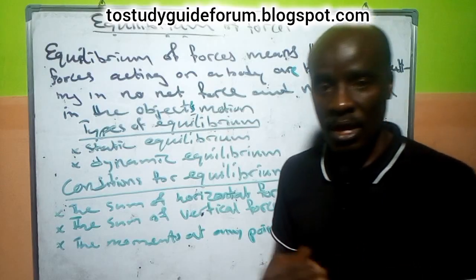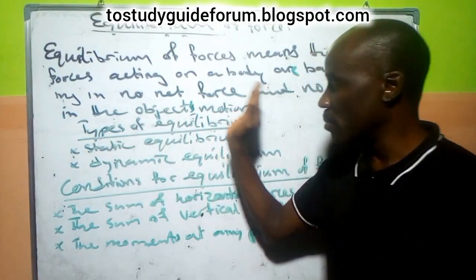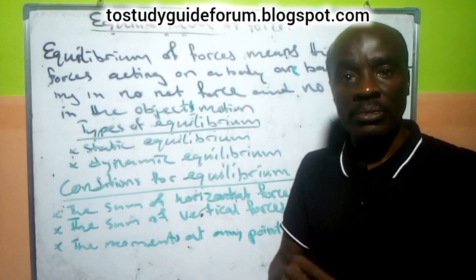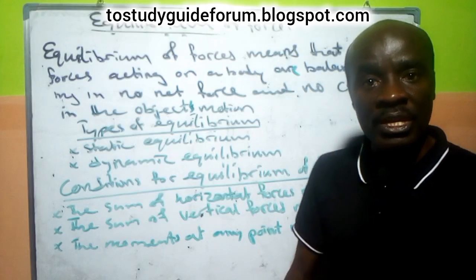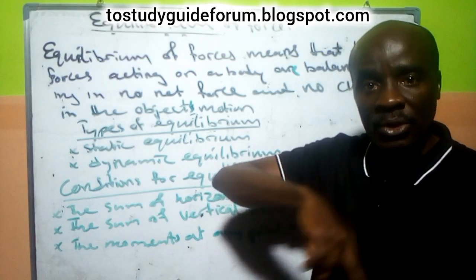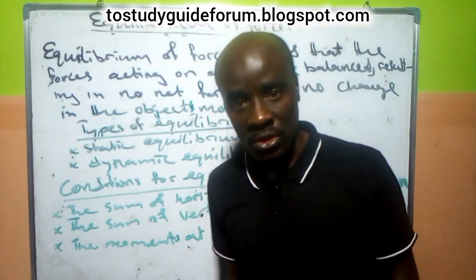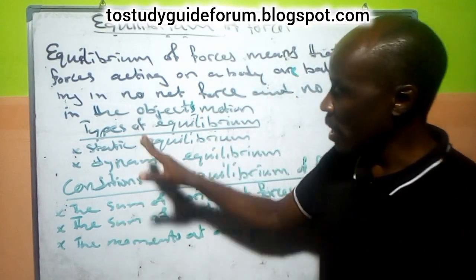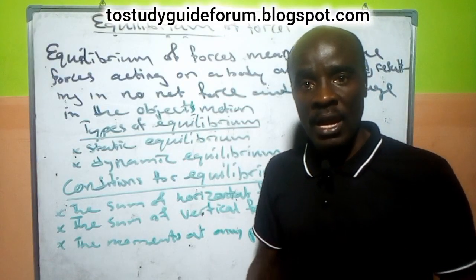We have two types of equilibrium: static and dynamic. In static equilibrium, the body is not moving at all, but in dynamic, the body is moving, something like rotating at a constant angular velocity. In that case, we say it is at dynamic equilibrium. But when it's at static equilibrium, the body is not moving at all.